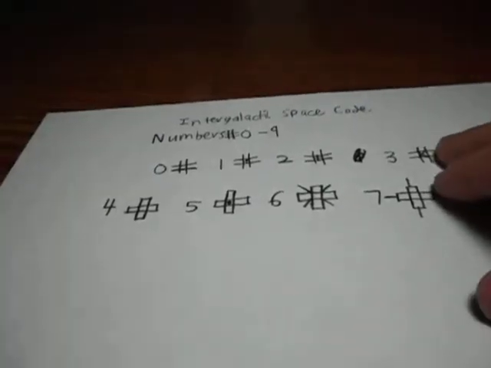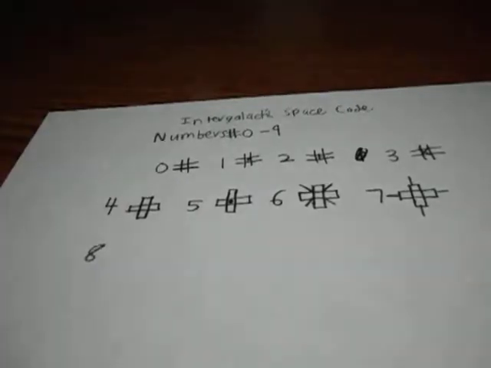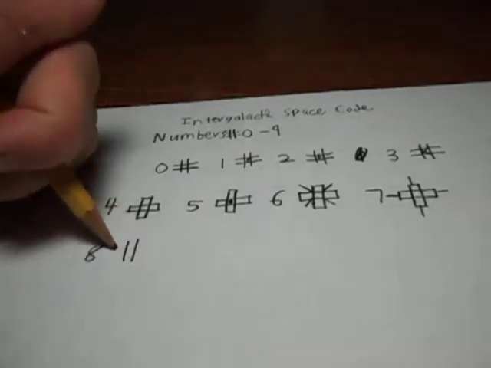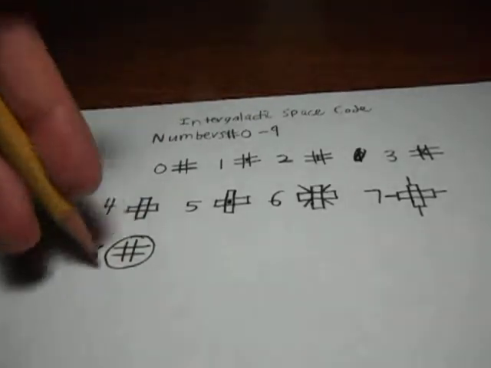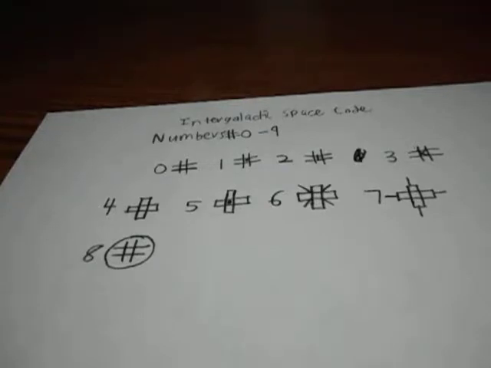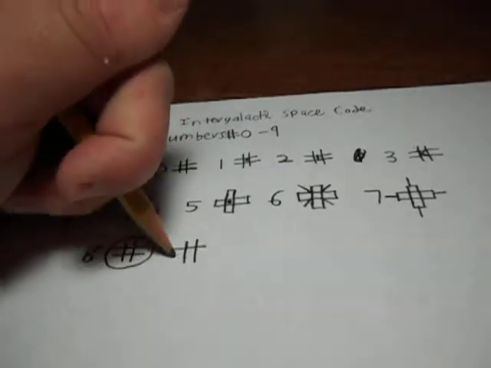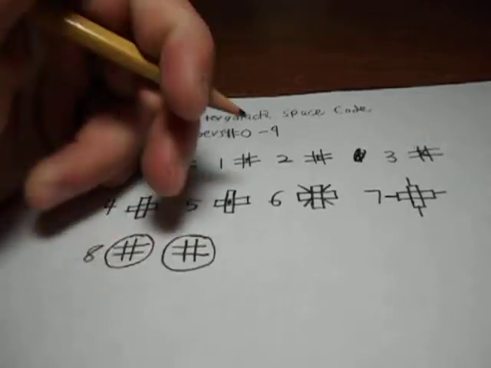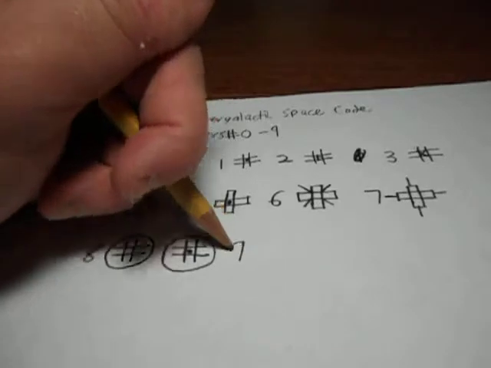And next we're going to go to 8. 8 is basically a hashtag with a circle around it, so it's symmetrical on all sides. And last but not least, 9. It's the same hashtag, but with a dot in the middle. And this is 9.